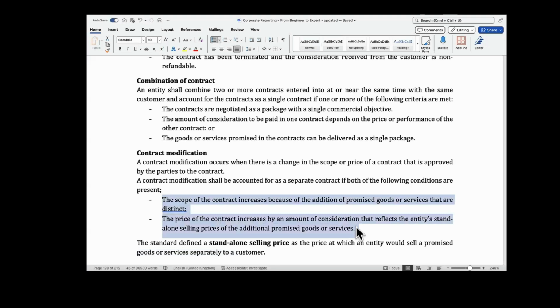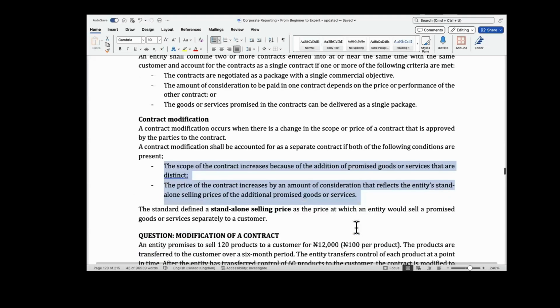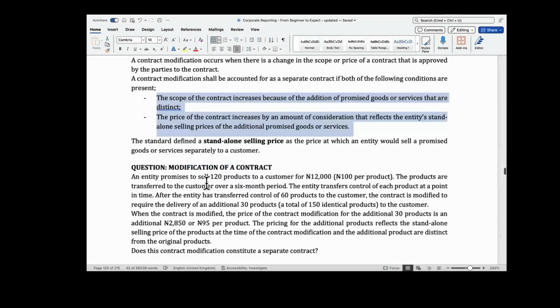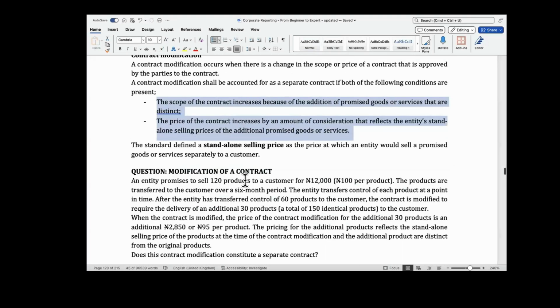Just for clarification, look at this scenario. An entity promises to sell 120 products to a customer for 12,000 naira, so 100 naira per product. The products are transferred to the customer over a 6 months period.